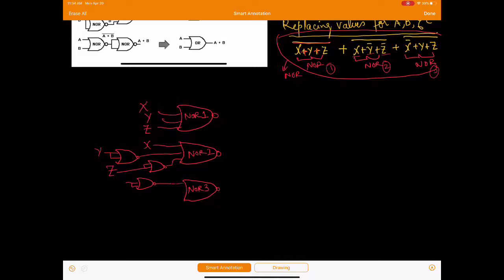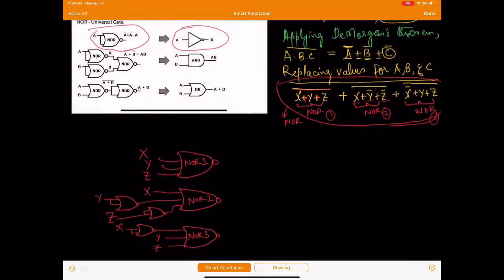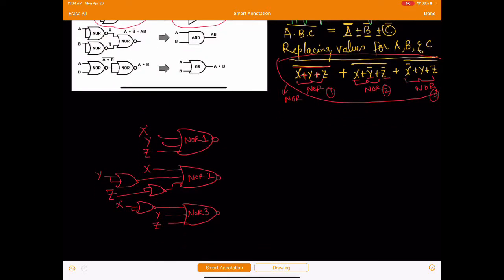So this is your X bar, this is going to be a Y, and this is going to be a Z. So you have Y here, and then you have Z here, and then this NOR, which is for the bar on the whole thing, NOR 4.